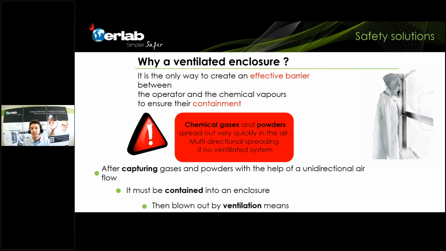So they must be contained by a certain means. So you have the air barrier first, but then you also have, for example, an extraction to the outside air. So you're going to extract the chemical vapors, or you are going to capture them by using, for example, activated carbon filters. So first of all, you look for a containment, and secondly, you will look for a way to capture or to evacuate the risk, so the chemical vapors or the powders.